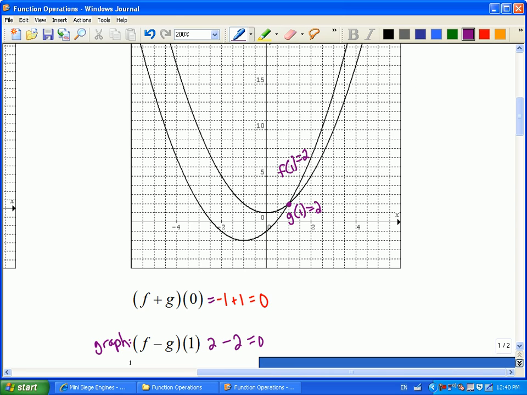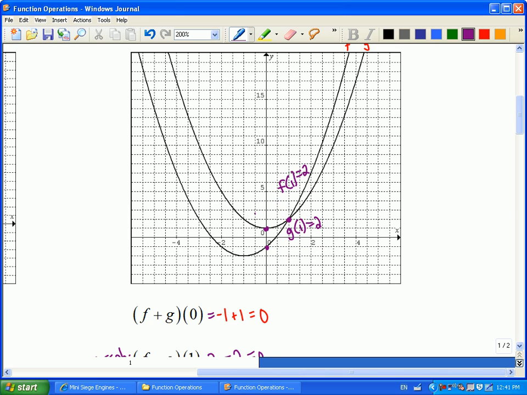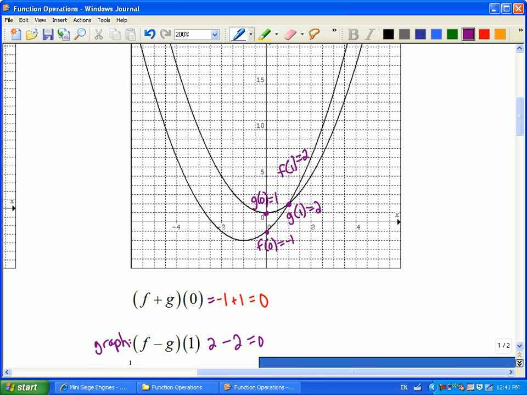And again, if I'm subtracting them, for example, do one of them here. This is g of 0, which was 1, and f of 0, which was -1. So if I was to subtract those two, -1 minus 1, it would be down at -2. So it's this point here.